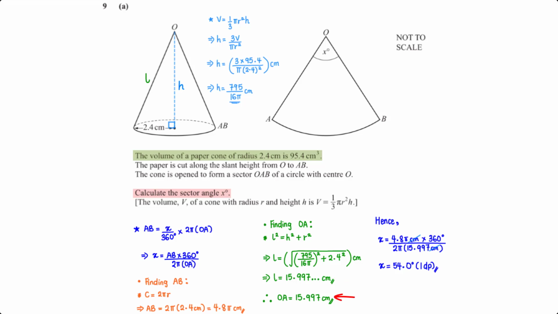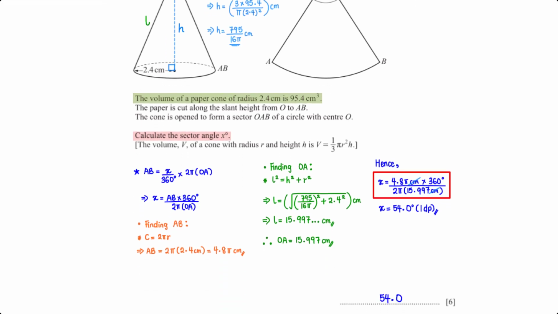Therefore, OA is also 15.997 centimeters. So now we plug in the values of OA and AB into the equation we have for x. When we type this into the calculator, we get 54.0 degrees rounded to 1 decimal place.